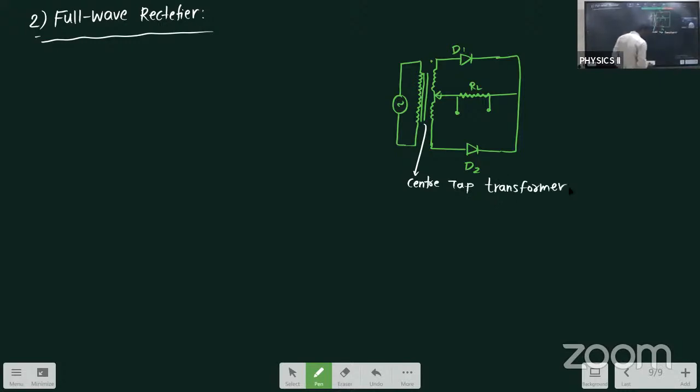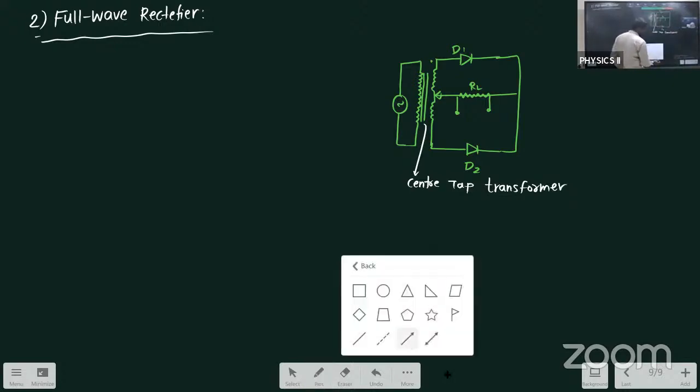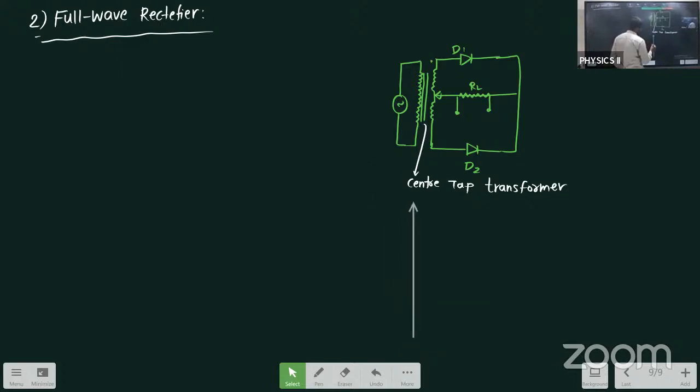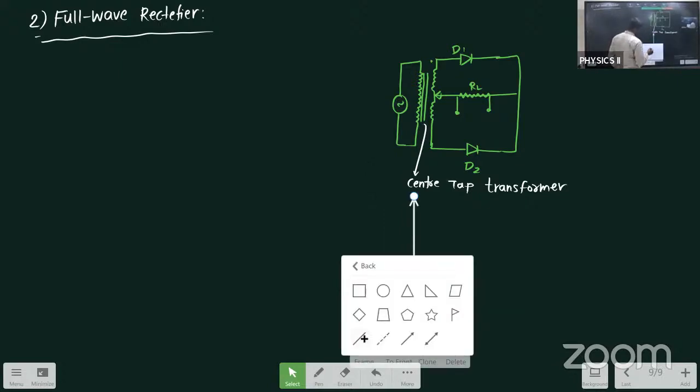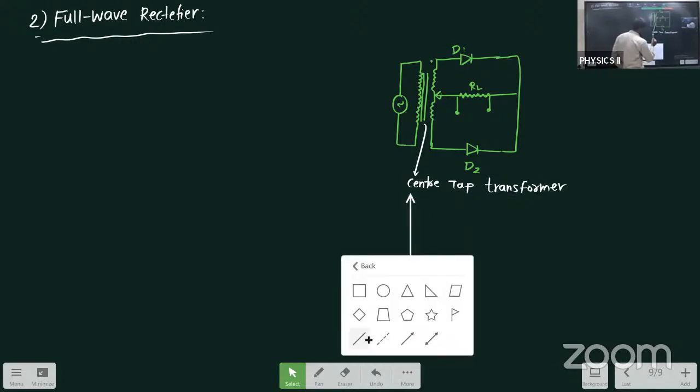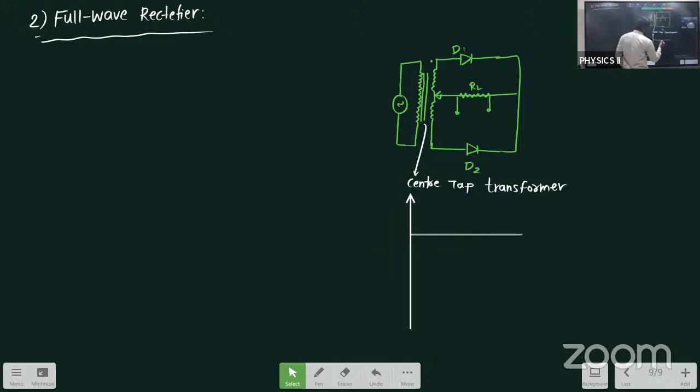So here itself, I am drawing the input and output waveforms so that you can write directly below this. So this is one axis. This is input. Again, I will be drawing the output below it, or I will be taking further lines for explaining so that you can easily understand.